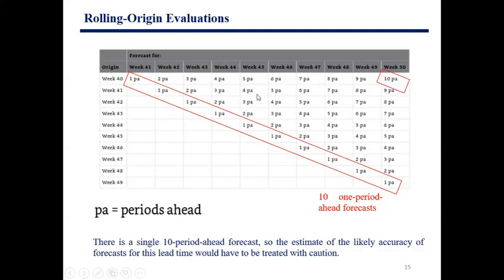And here, you have to be careful when you evaluate the accuracy, because as you see, for the 10-period-ahead forecast, you have only 1 value. So the estimate of the likely accuracy of the forecast for this lead time has to be treated with caution. When you have only 1 value, it doesn't estimate the real accuracy well.